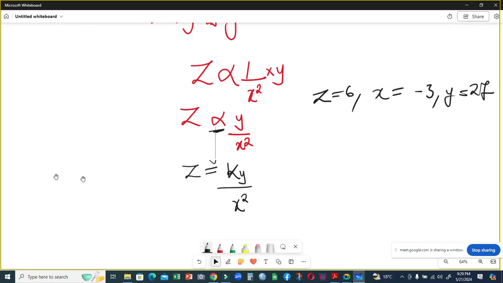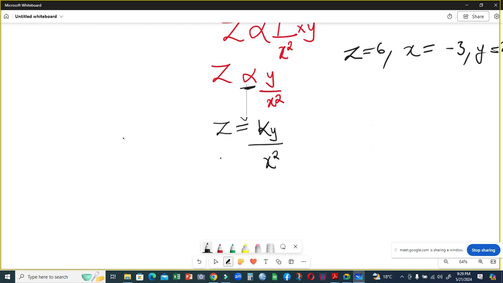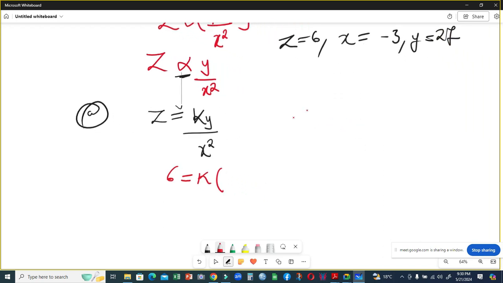So we need to find the value of k, the constant of variation. Where there is z, we shall put 6. Where there is k, which is what we are looking for, times y, we shall put 27, because the value of y is 27.